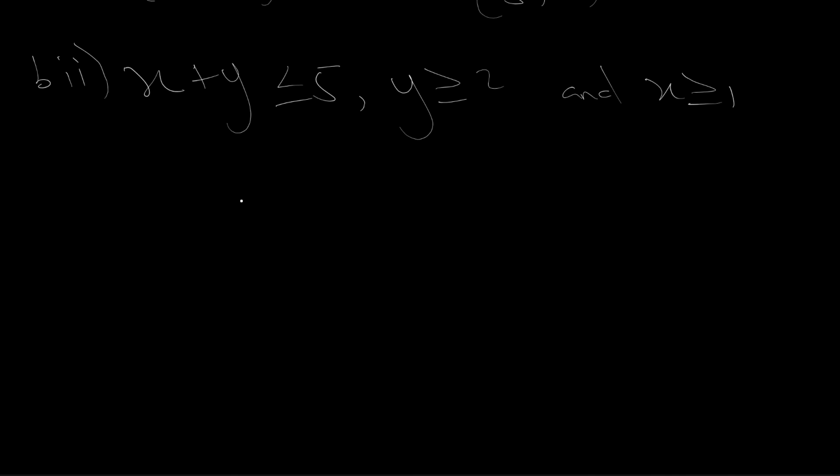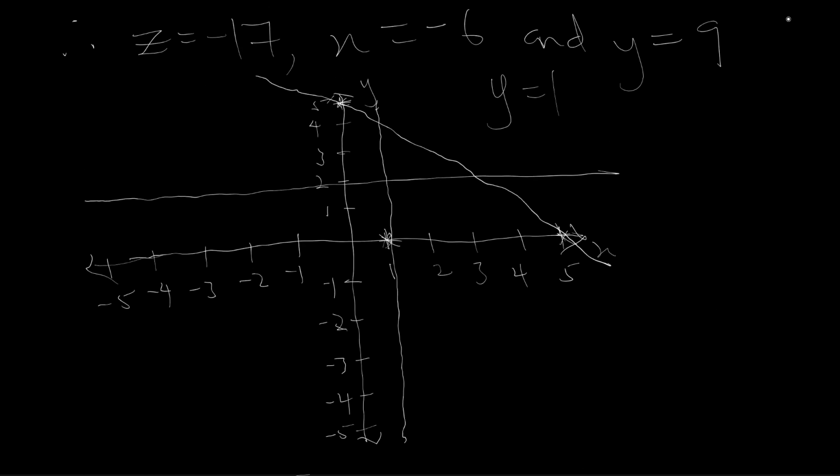For y is greater than or equal to 2, it means values from 2 upwards. So 2, 3, 4, 5 are all values of y that are greater than 2. So all values of y greater than 2, we have this whole place.